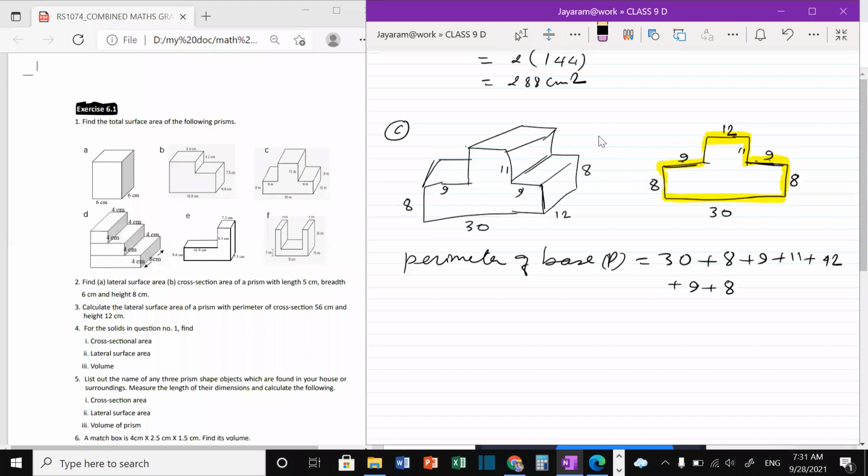Now, who found the sum? Will you please tell me? Is it 87? Hello? Was it 87? Nobody found the sum?